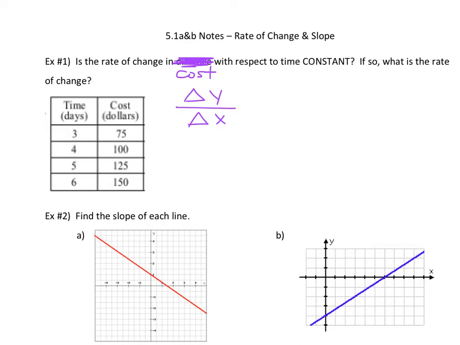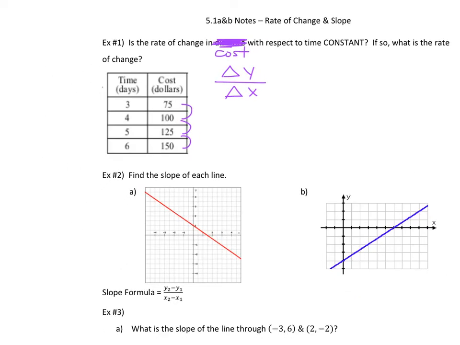So we're looking at what is the change in our y value and what is the change in our x value. Is it staying the same? Okay, so how much are we changing by each time in our y value? 25. We go up by 25 every time. Okay, what are we changing by in our x value?